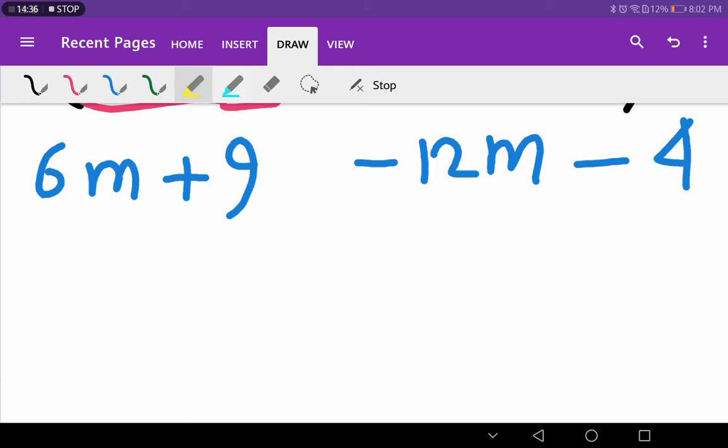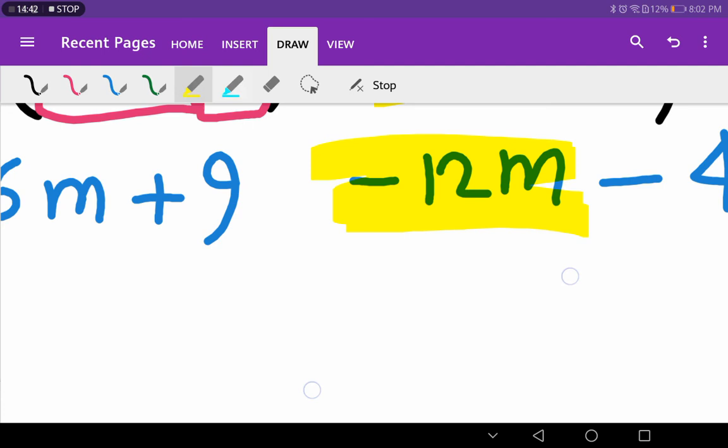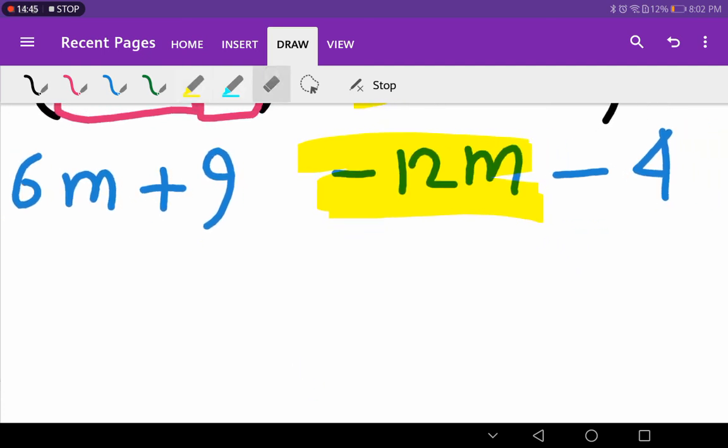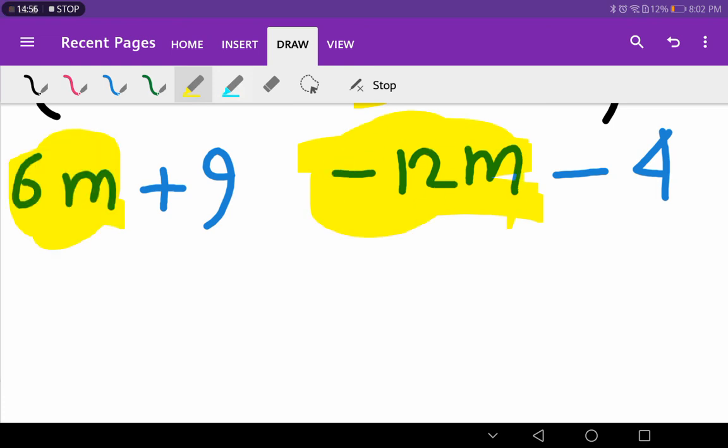Which terms can we combine together? Yes, this is for Hamada and this is for me, because it is positive. The positive is for me, and this is for the grocery or Hamada store. So yes, it is negative 6m. Now we are done with this.